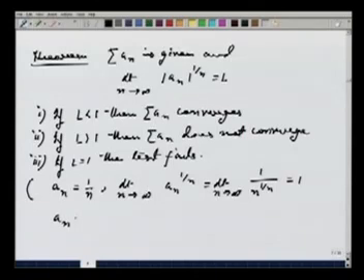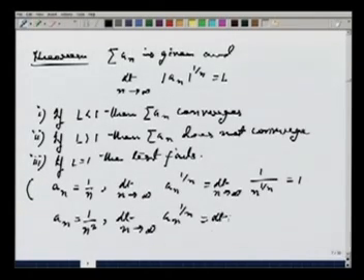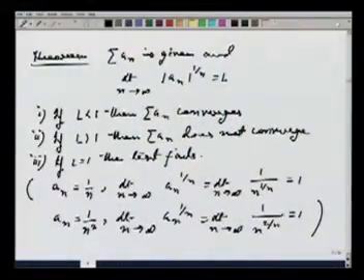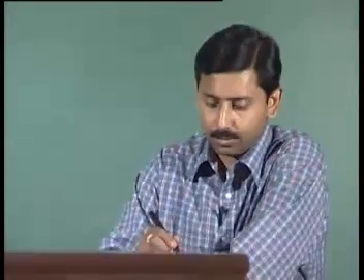But if I start with a_n equal to 1 by n squared, then also this limit is equal to 1. But summation 1 by n diverges and summation 1 by n squared converges. So in this case L equals 1 and hence the test is not conclusive. So again we just need to prove case 1 and case 2. Okay, so let us come to the proof.